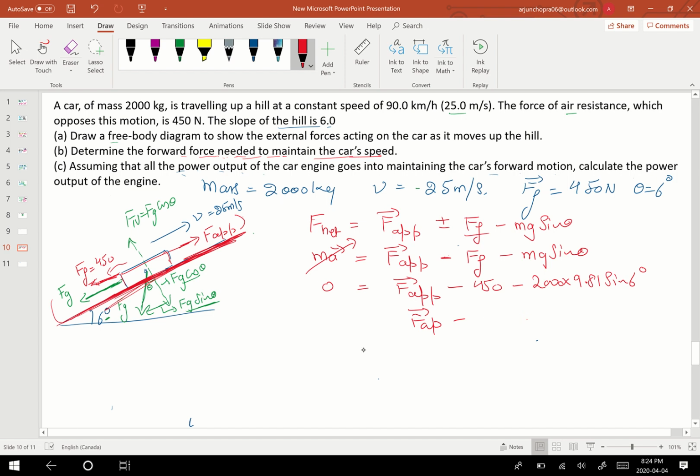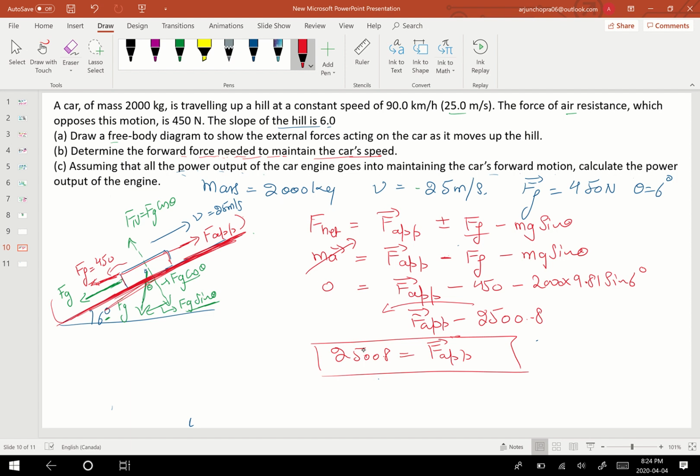Sorry, I accidentally added 45. So this is 2500.8, and this goes on the other side, so the force applied comes out to be 2500.8 newtons. I've calculated the force applied.